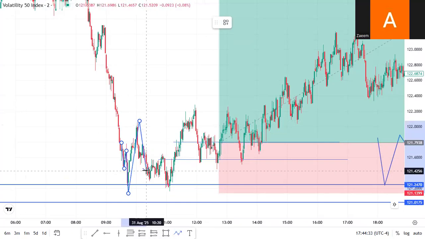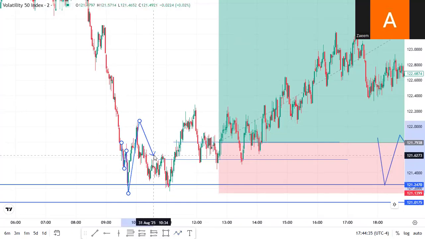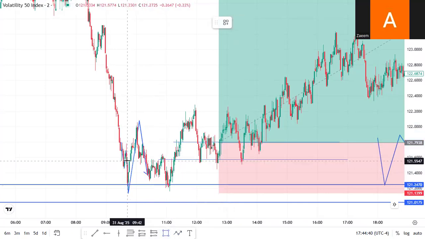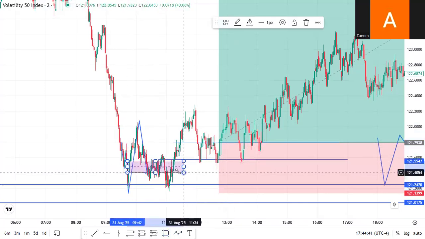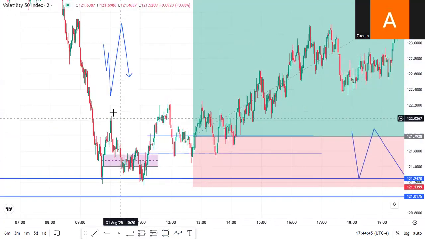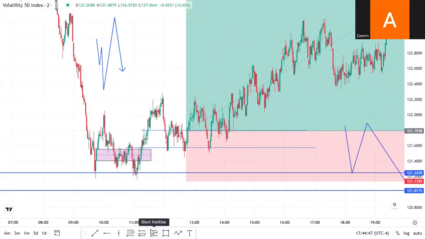Do you have a fair value gap? I have here. Then for price to continue going higher. Look at this fair value gap. So I have it for price to continue going higher. If you are trading the lower time frame, you should give some room for it to breathe, right?